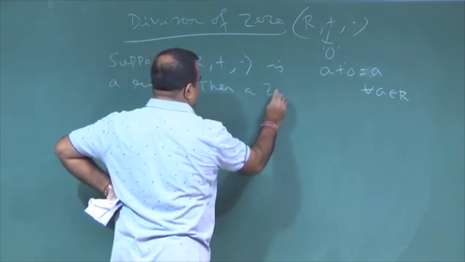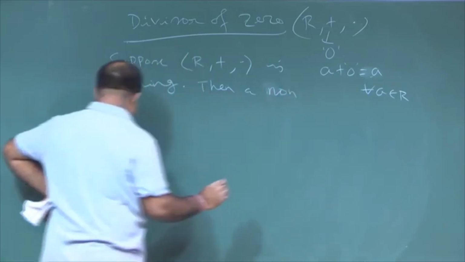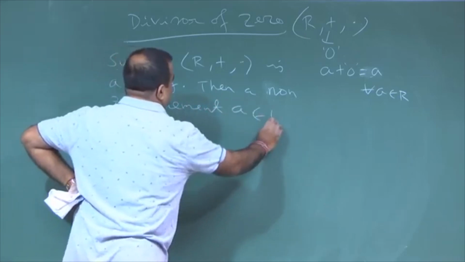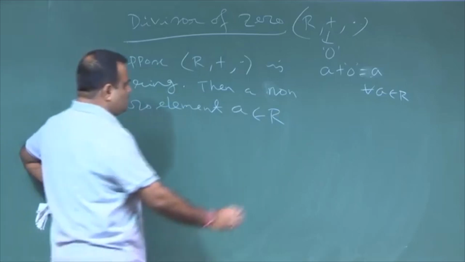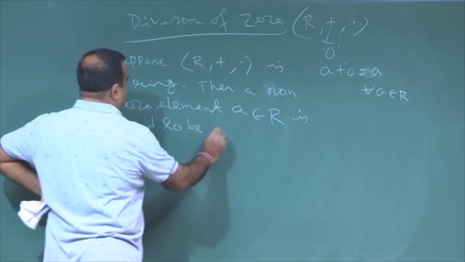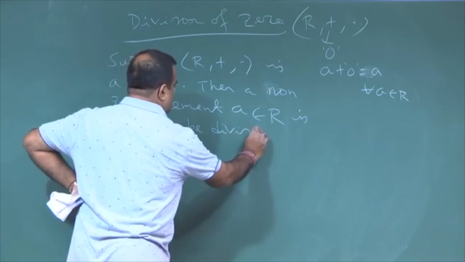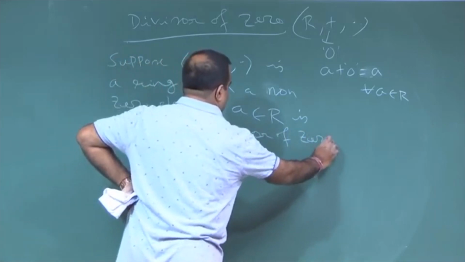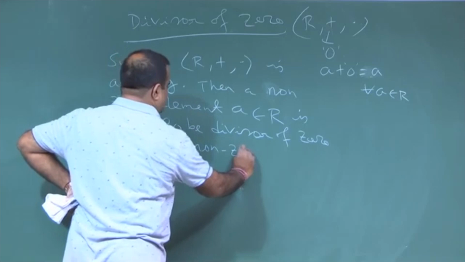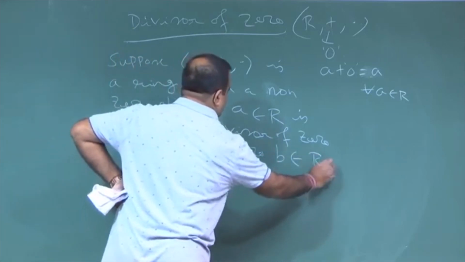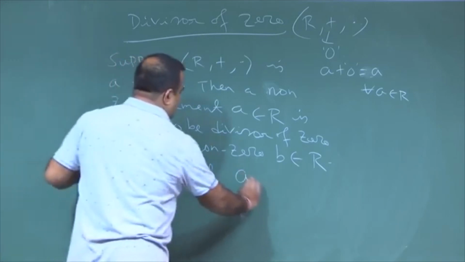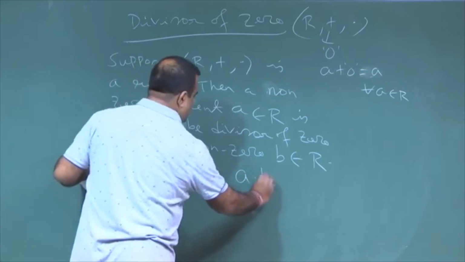A non-zero element A from this set is said to be a divisor of 0 if there exists a non-zero element B such that A dot B is equal to 0.